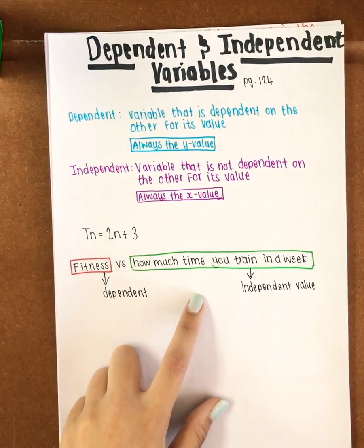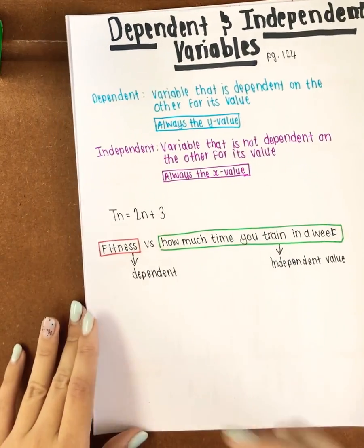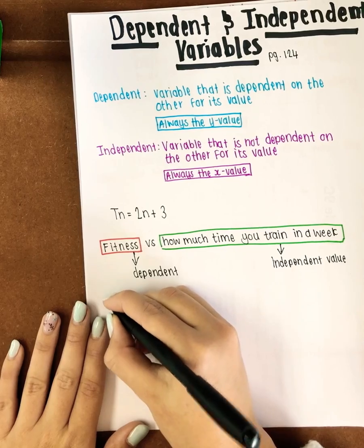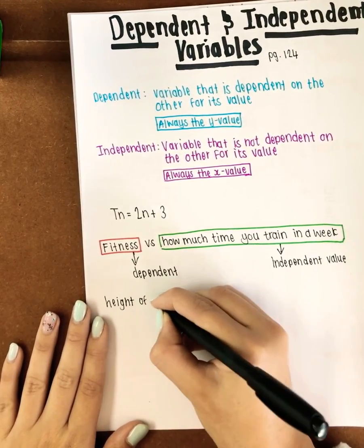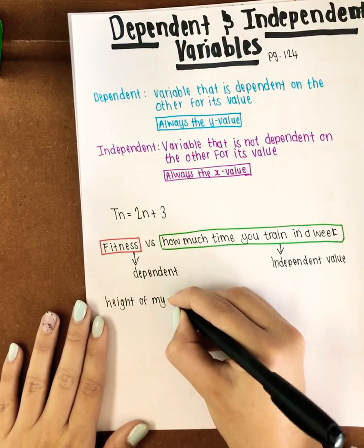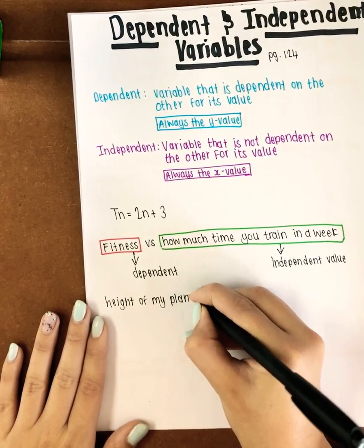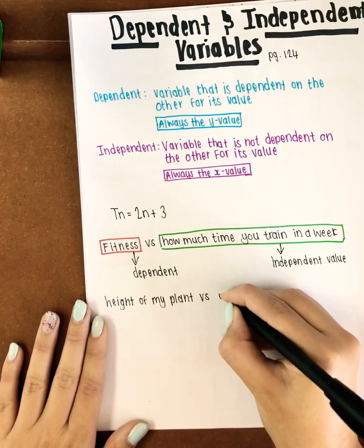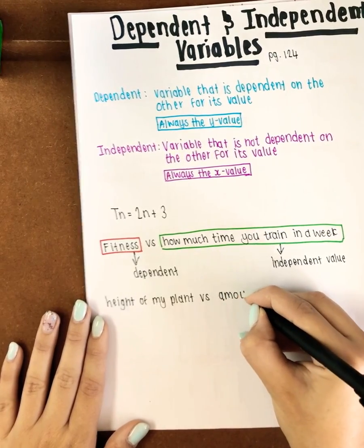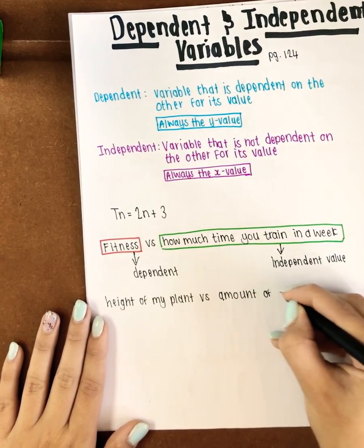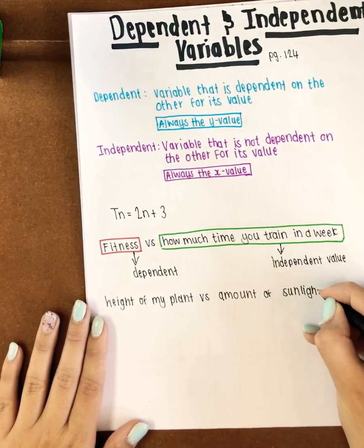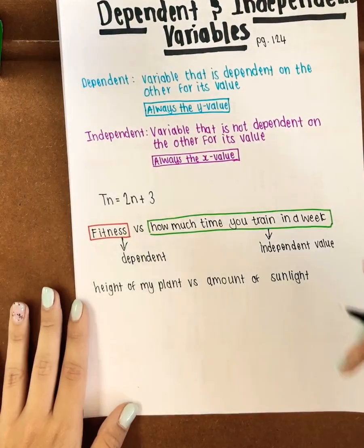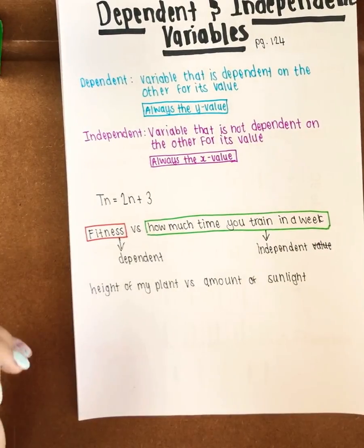Okay, if I look at, say, the height of my plant, so how much it grows, versus the amount of sunlight, what is my independent variable and what is my dependent variable?